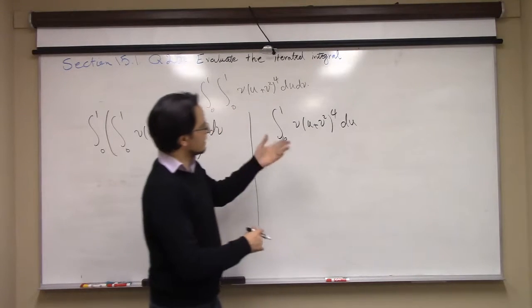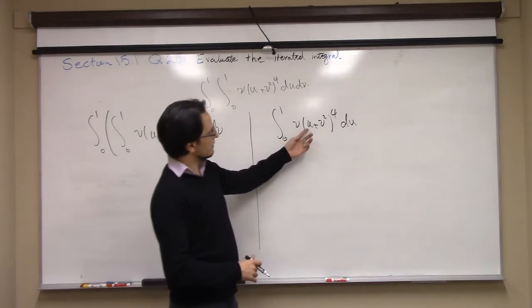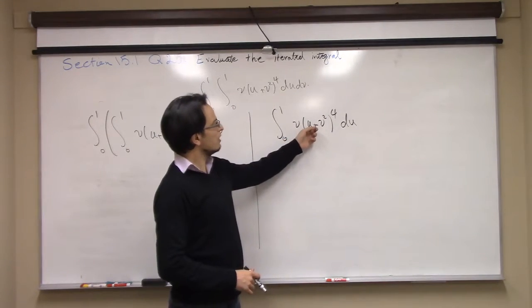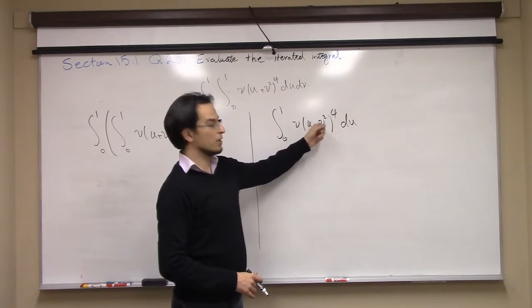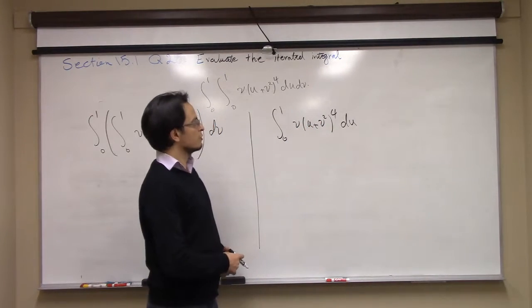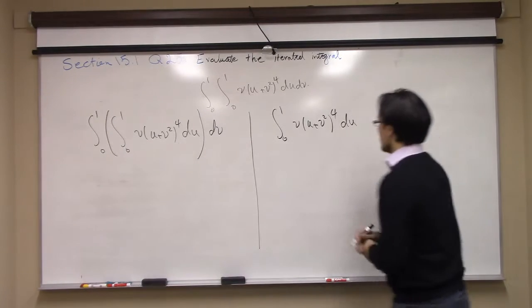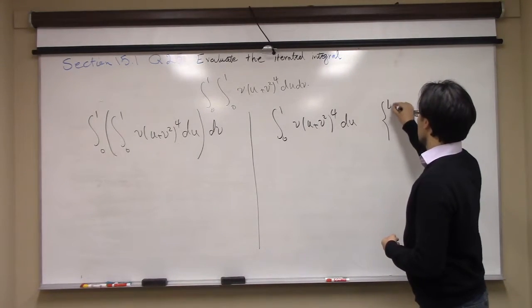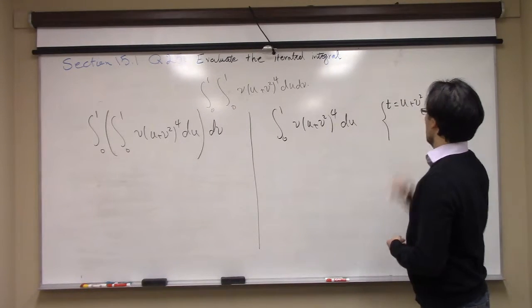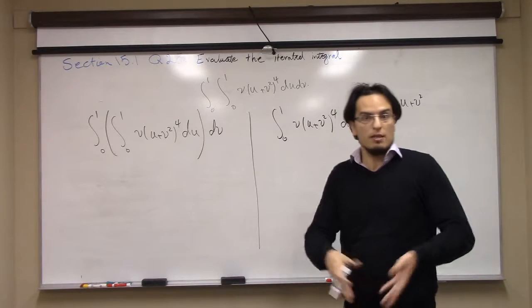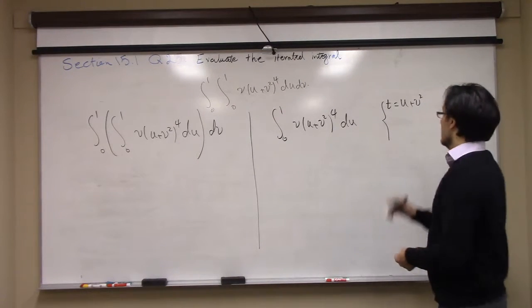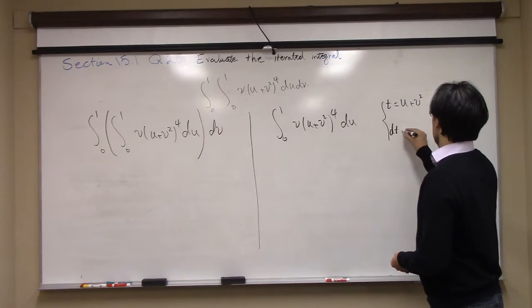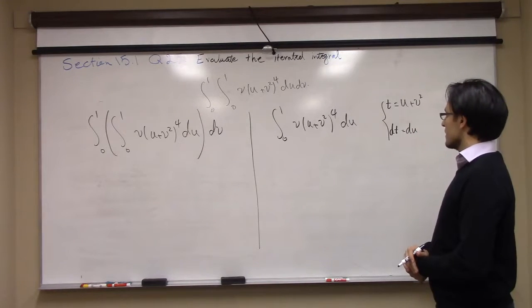Okay, then how are we going to solve this? How can I find the integral of v times (u plus some constant) to the power 4? What I can use here is substitution. I set t to be u plus v squared. v is constant, it's just like 2, 3. And then dt is going to be du.